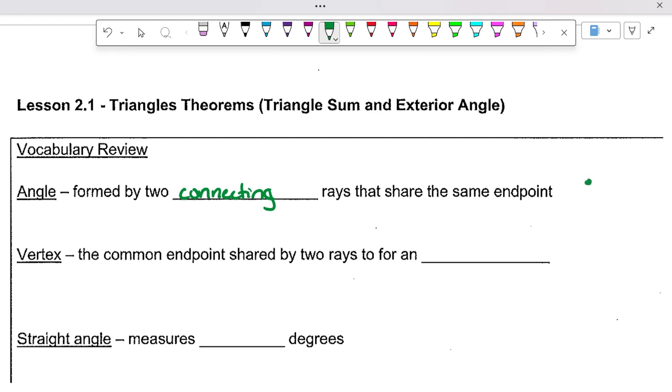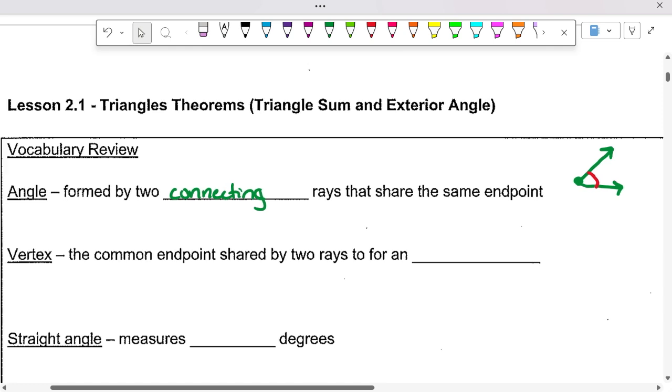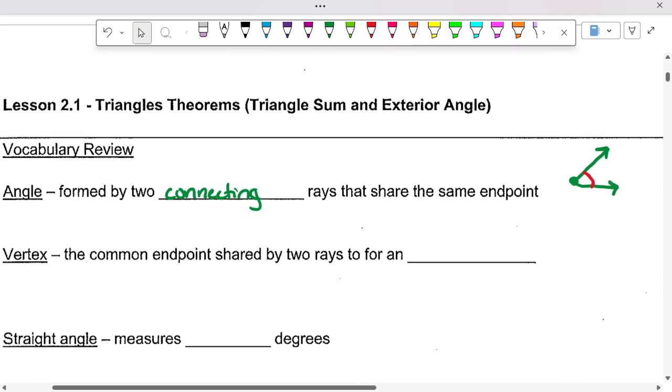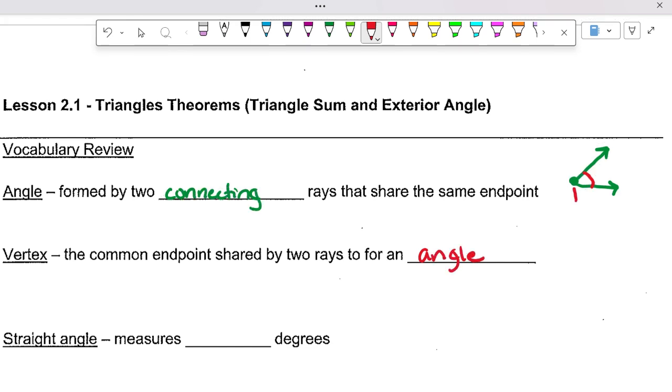So in other words, if I draw one ray, and if I use that same endpoint, draw the other ray, it creates an angle. A vertex is the common endpoint shared by 2 rays for an angle. So this point right here is your vertex.